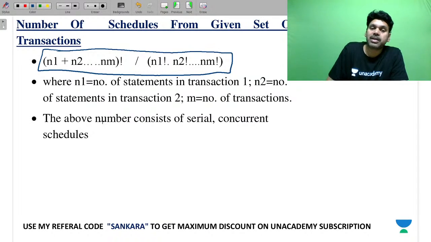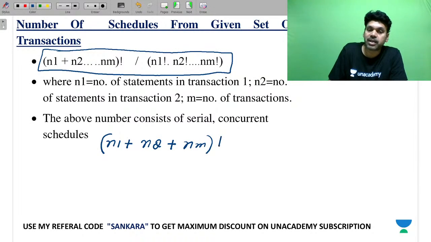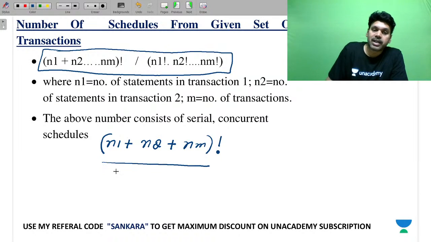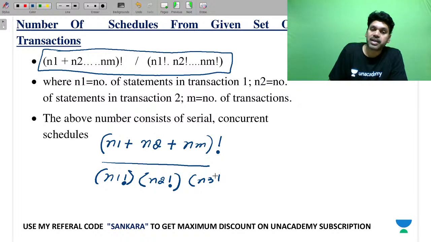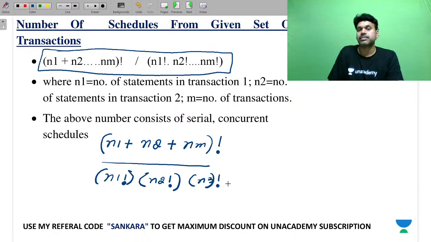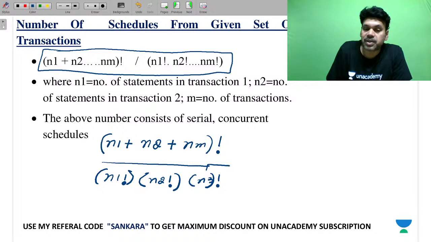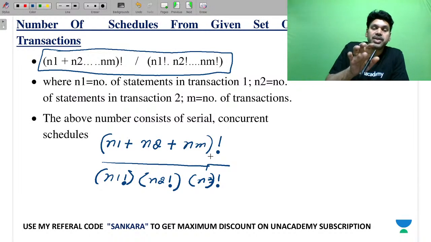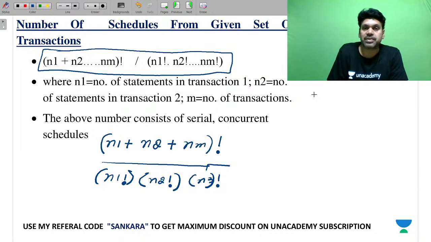Which is nothing but the factorial of the number of actions in transaction 1, plus the number of actions in transaction 2, and so on up to the number of actions in transaction m, divided by the factorials of the number of actions in transaction 1, transaction 2 and transaction 3. So these many schedules we are going to get whenever a schedule is given with a few actions.